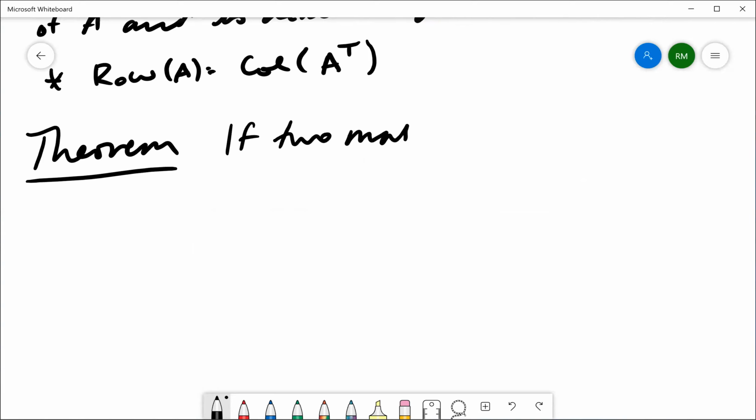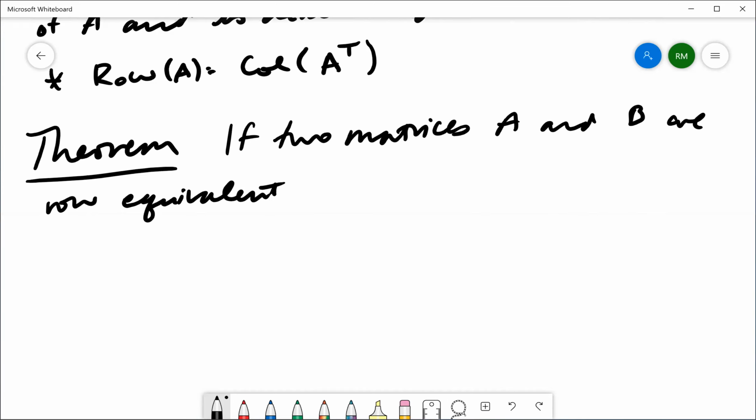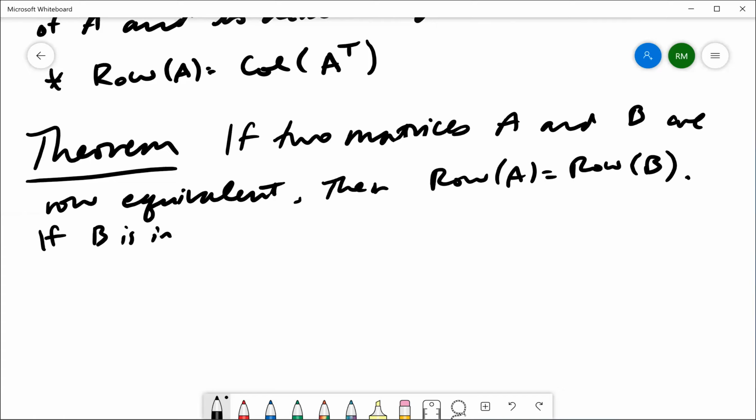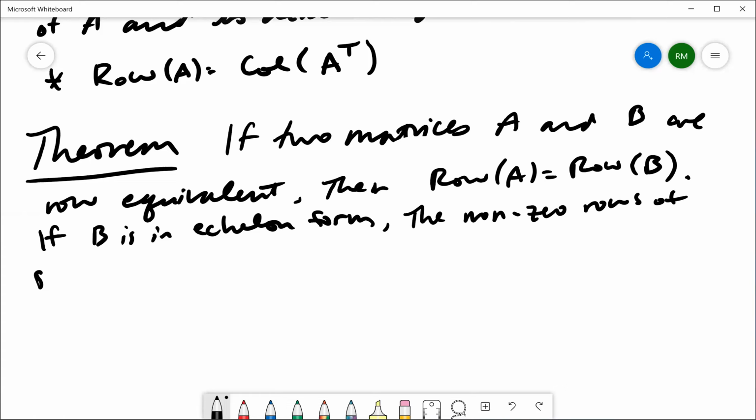If two matrices, A and B, are row equivalent, that means you can get to one from the other using elementary row operations, then their row spaces are equal: the row space of A is equal to the row space of B. Furthermore, if B is an echelon form, the non-zero rows of B form a basis for Row B, which is equal to Row A.